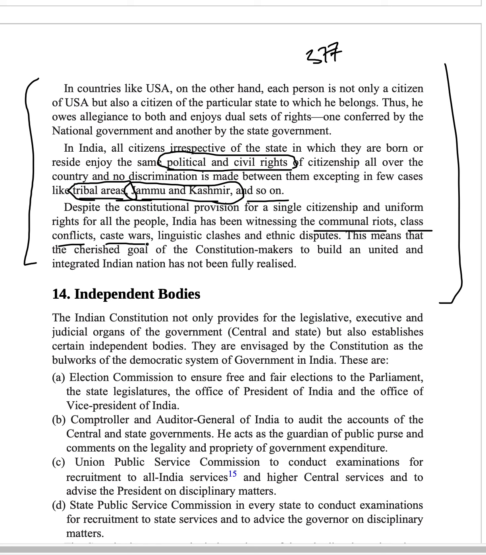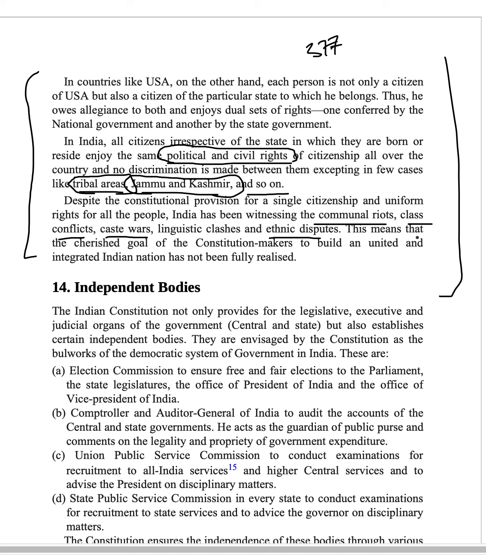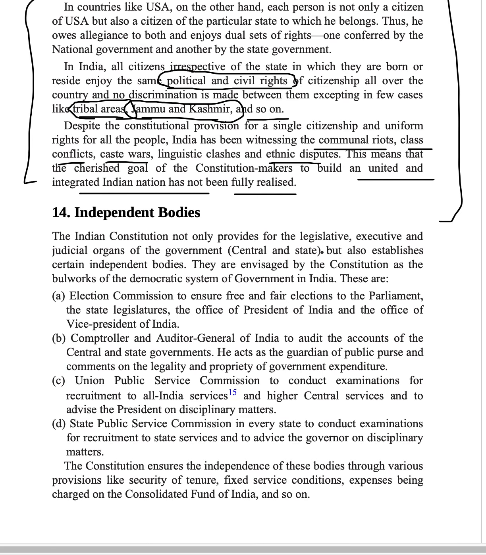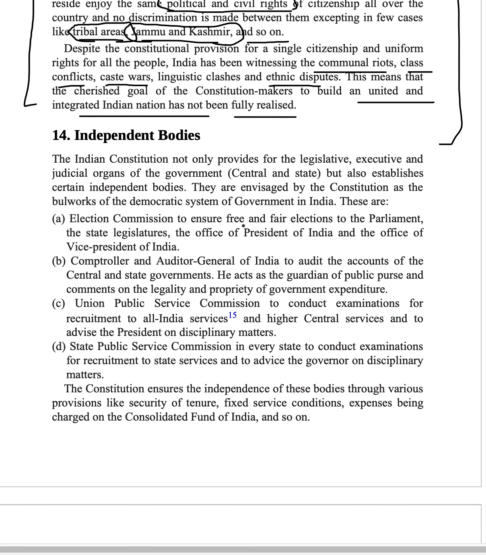We should not call them lower caste because they are just separate caste, separate community. So there are clashes happening between different communities, linguistic clashes and ethnic disputes. This means that the cherished goal of the constitution makers to build a united and integrated Indian nation has not been fully realized. So many provisions are there, but we are not able to implement them.